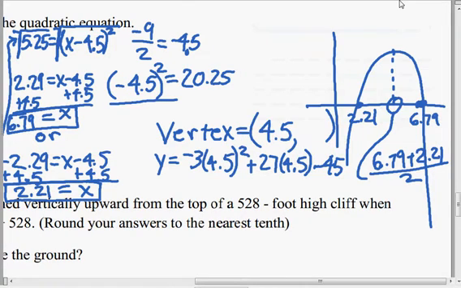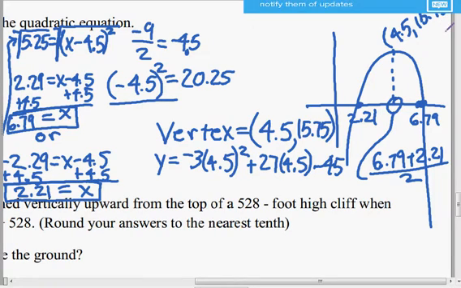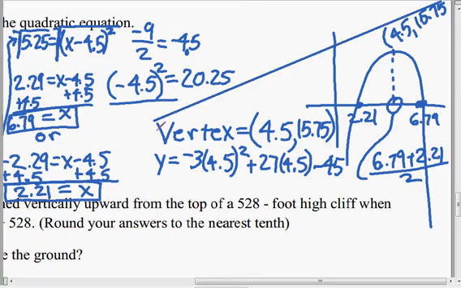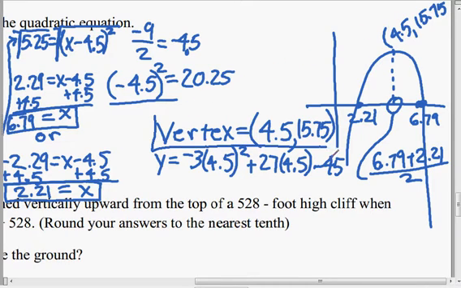So I know that my y value is 15.75. So this point here is 4.5 and 15.75. That is my vertex.